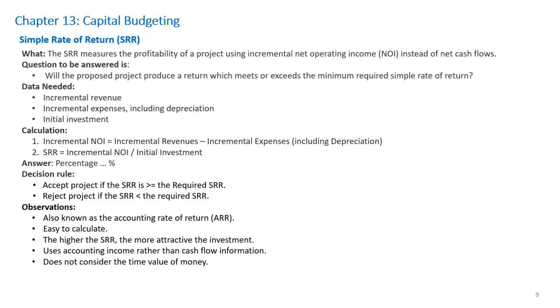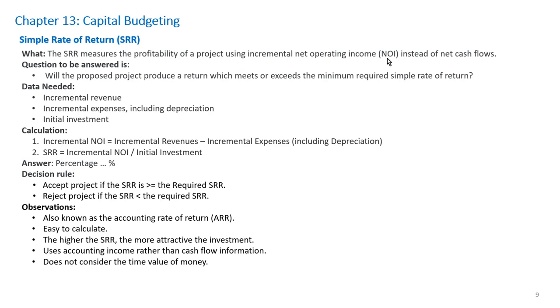The final method to be discussed is the simple rate of return, or SRR. The simple rate of return is also known as the accounting rate of return. Unlike the other capital budgeting methods that we've discussed, the simple rate of return method does not focus on cash flows.